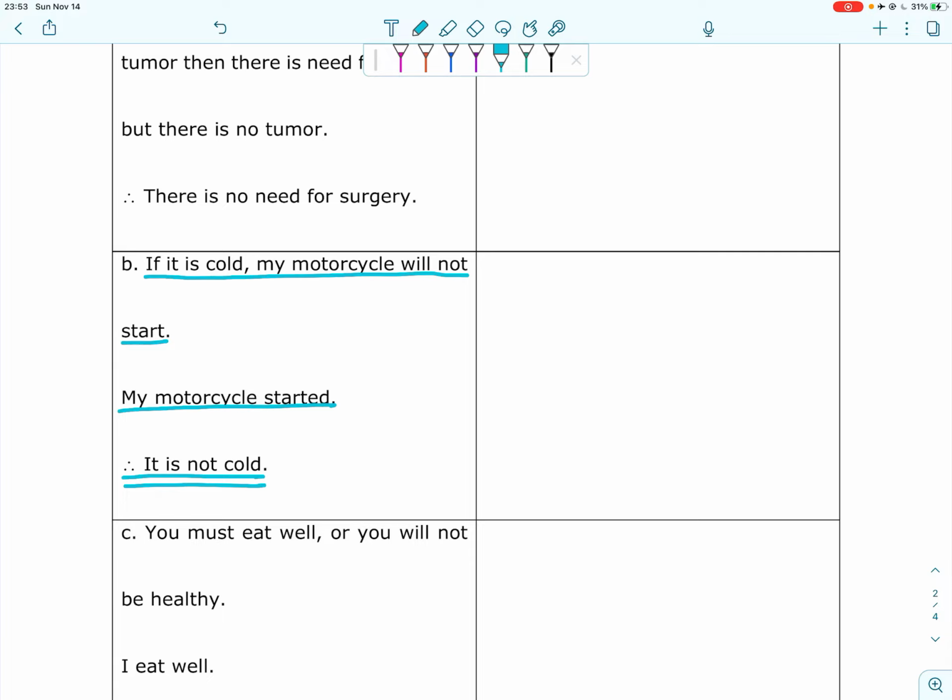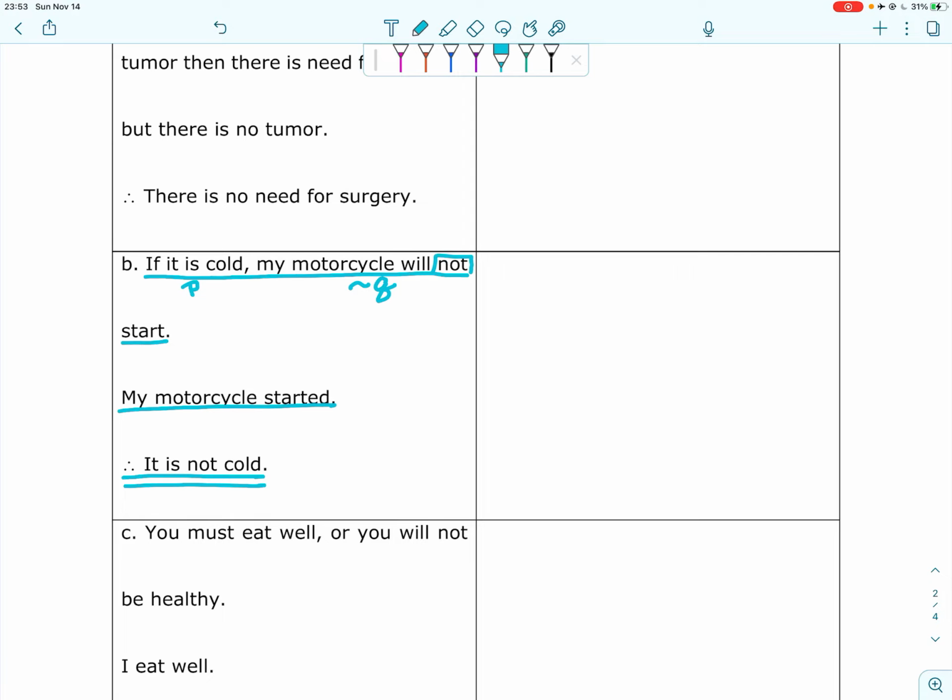So I want to go ahead and assign P's and Q's to each of these statements. So if it is cold is going to be P. My motorcycle will not start. I'm going to call that not Q because it has the word not in it.